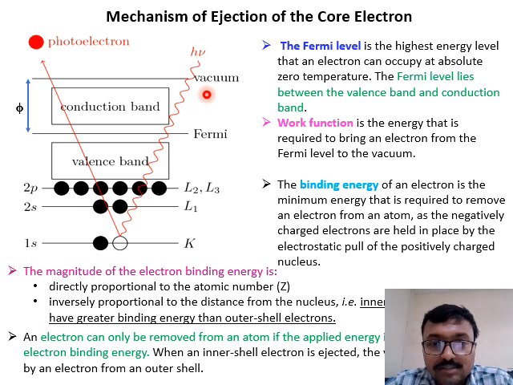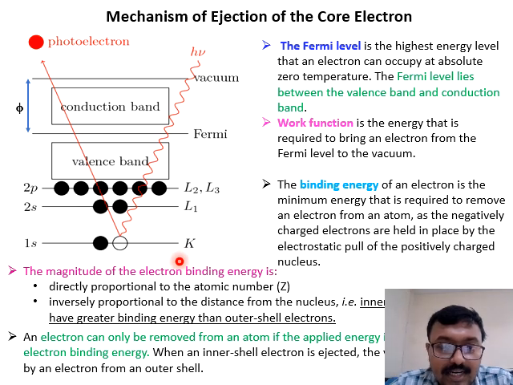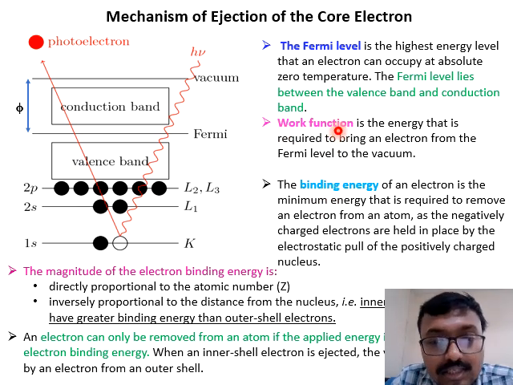Now, what is binding energy? Binding energy is the minimum energy required to remove an electron from an atom. That is very simple. This binding energy is proportional to the atomic number and inversely related to the distance from the nucleus. An electron can be removed only when the incoming radiation or incoming energy can overcome the binding energy and work function, and provide kinetic energy to the electron.